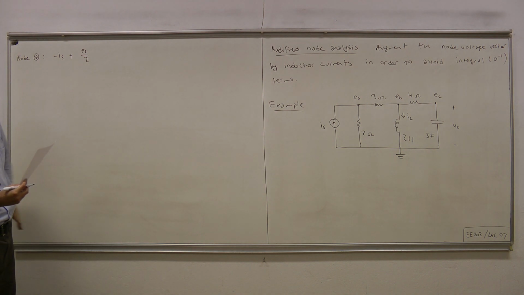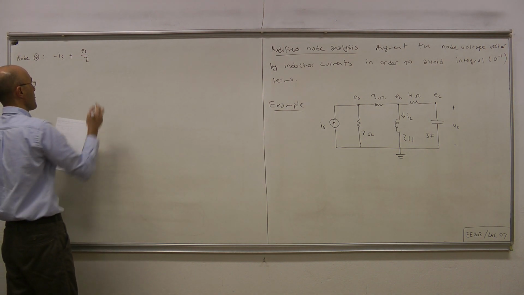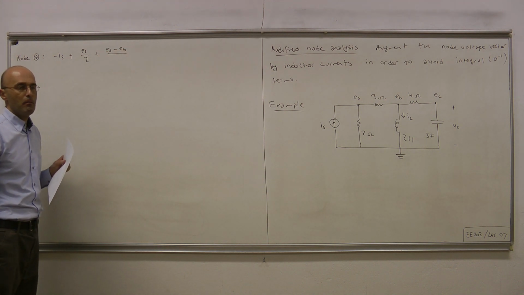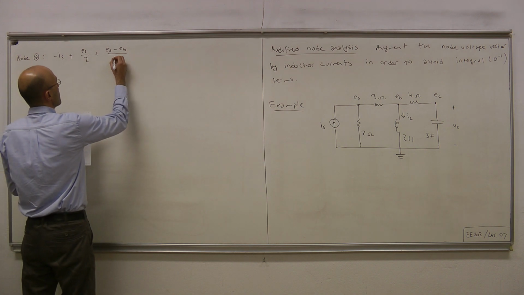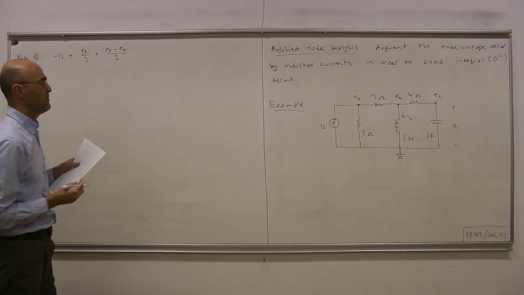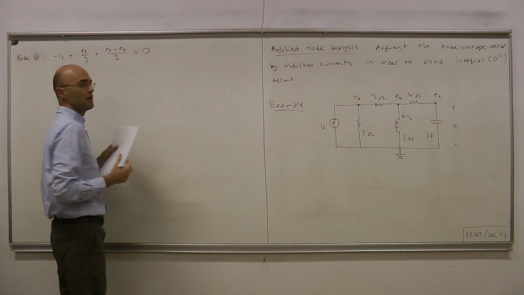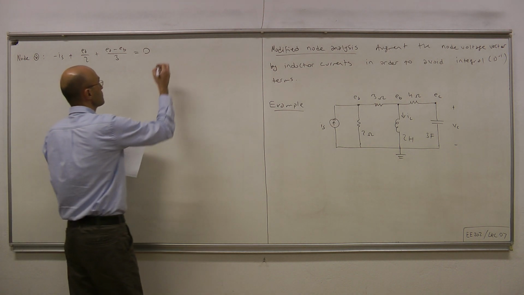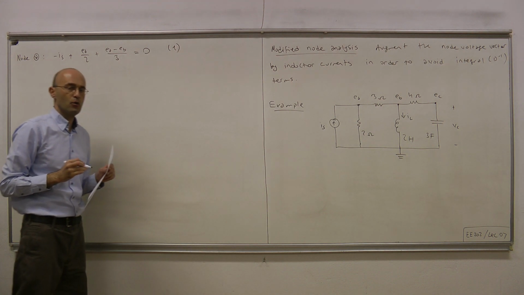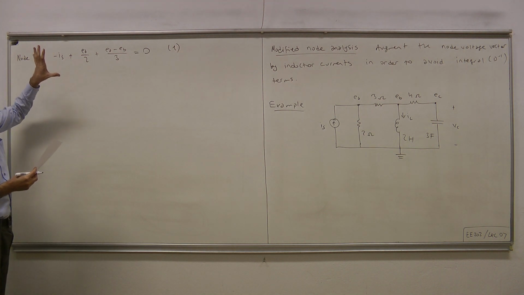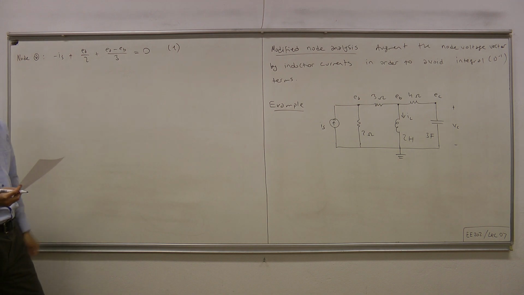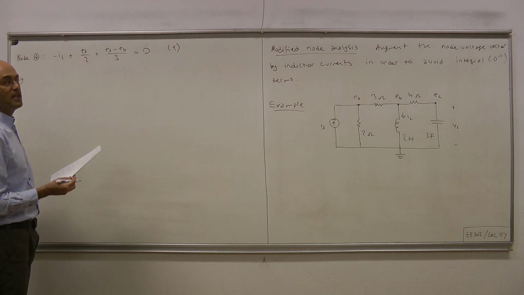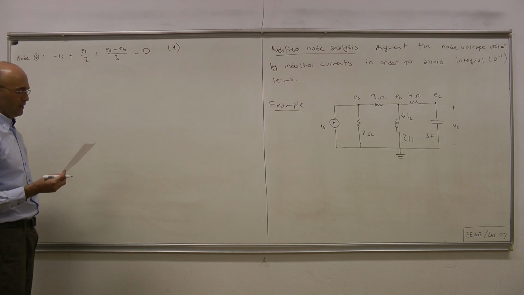That's the current flowing through the 2 ohm resistor, plus EA minus EB divided by the resistance between nodes A and B. And that's all. By KCL, the sum must equal 0. Equation 1. Okay. This equation requires no interference whatsoever, because it's already in terms of our formulation variables and input.